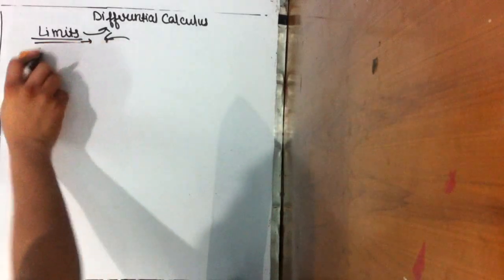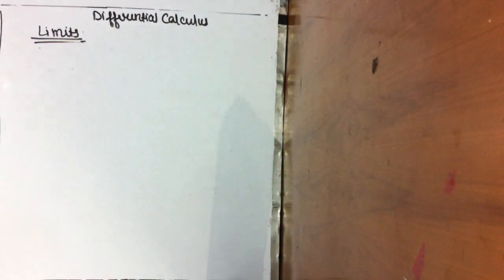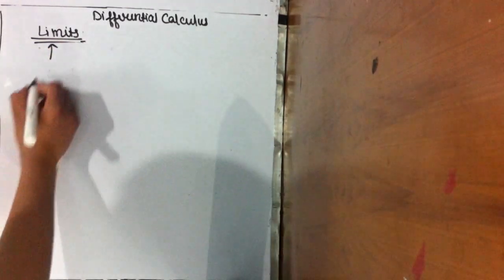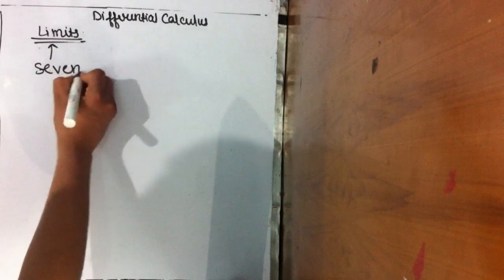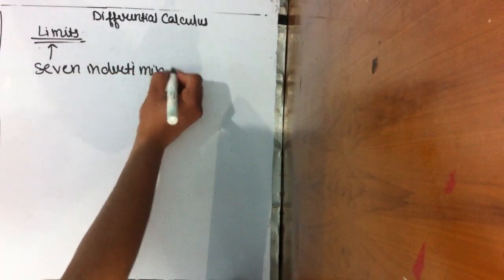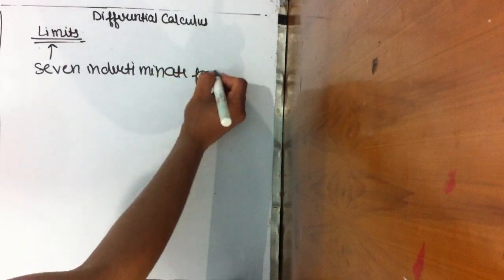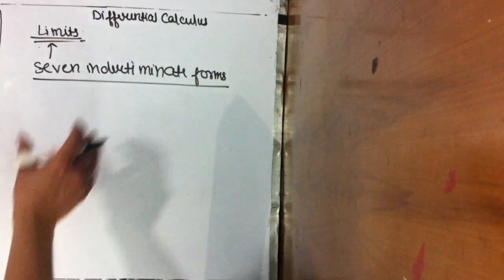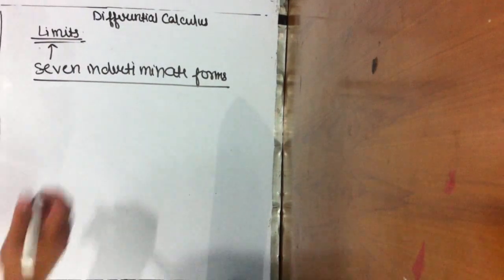Now, we need to check what forms we'll encounter where we'll apply limits. I'll be jotting down 7 indeterminate forms here. We need to escape from these indeterminate forms and find the approximate value of our real function at the given instant.